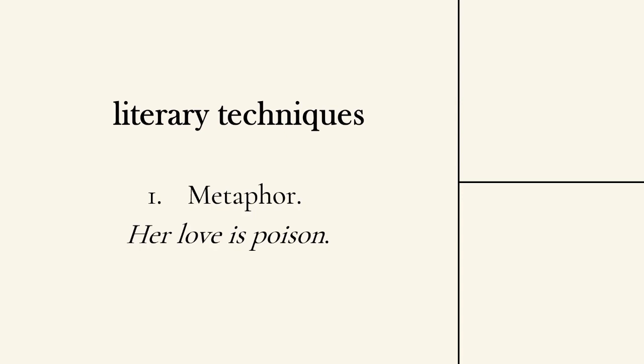So definitely the reader will understand that that person's love is something that is damaging. Maybe she's someone that is controlling, maybe she's someone that is abusive or something like that. So that simple sentence allows your reader to see so many possibilities and so many images in their mind. Okay, so you do not need to use too many sentences to pass across the message that you want to.